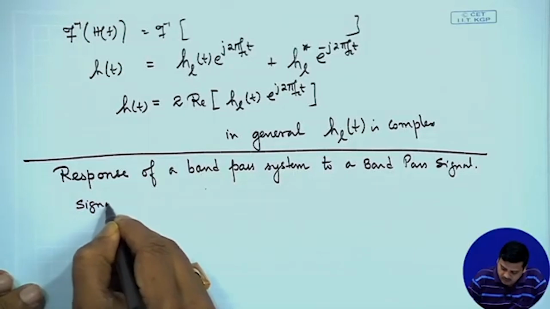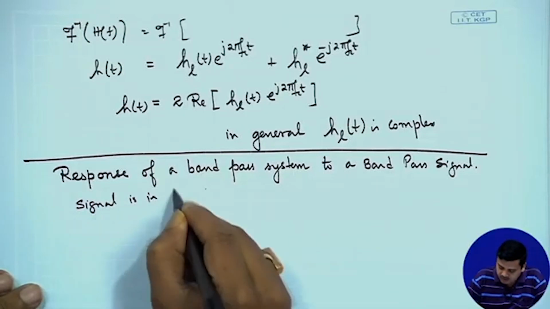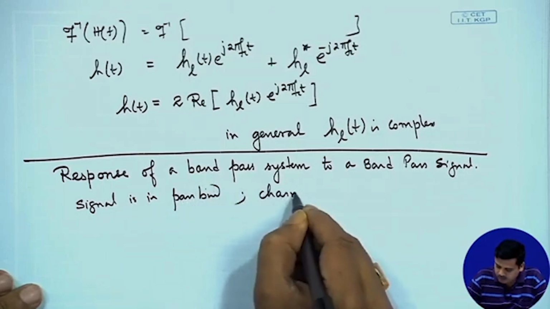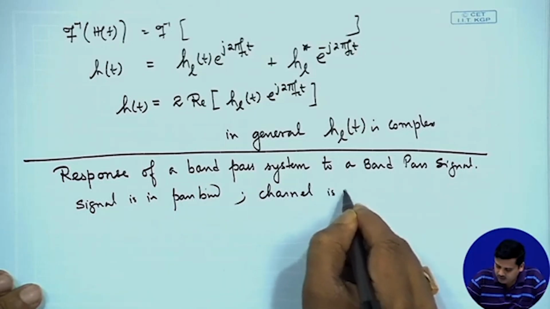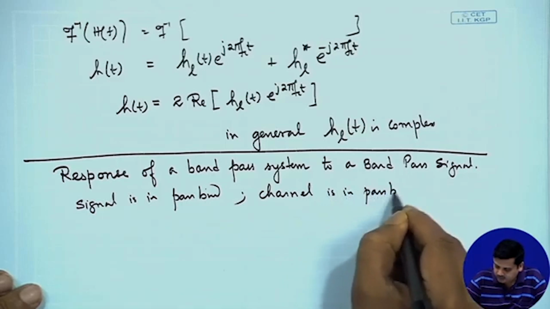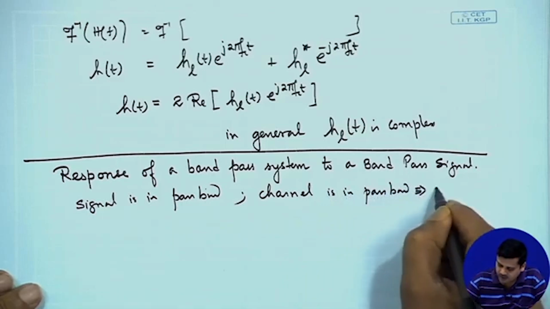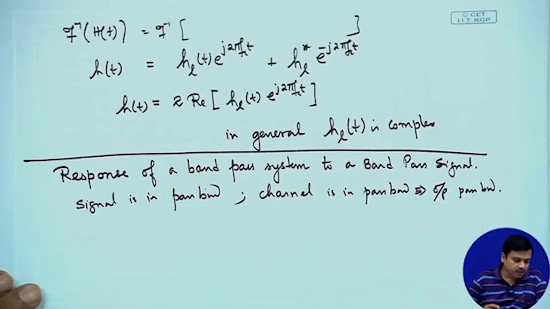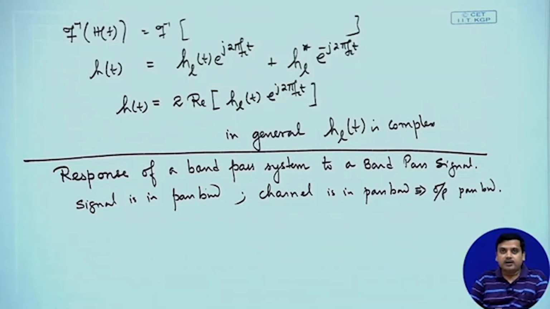If the signal is in pass band and the channel is in pass band, definitely the output is also in the pass band, right. This is for sure. And so, now the signal which is coming out of the channel is pass band.